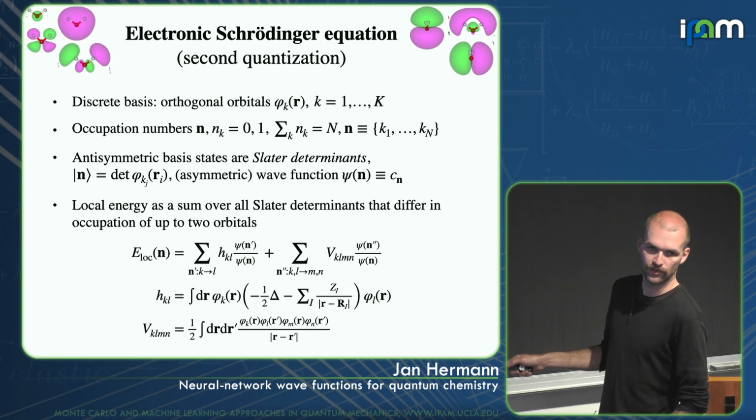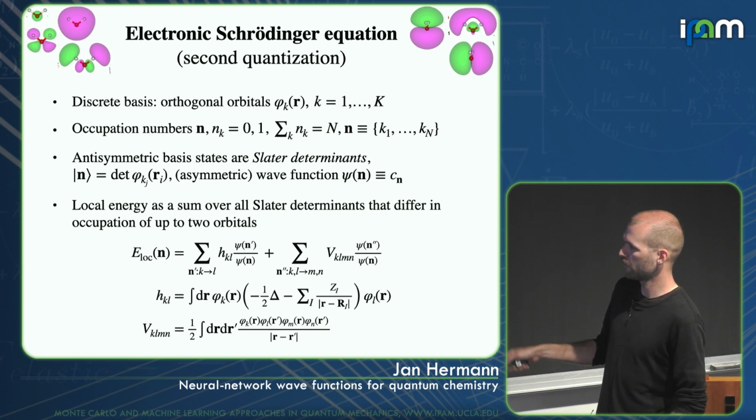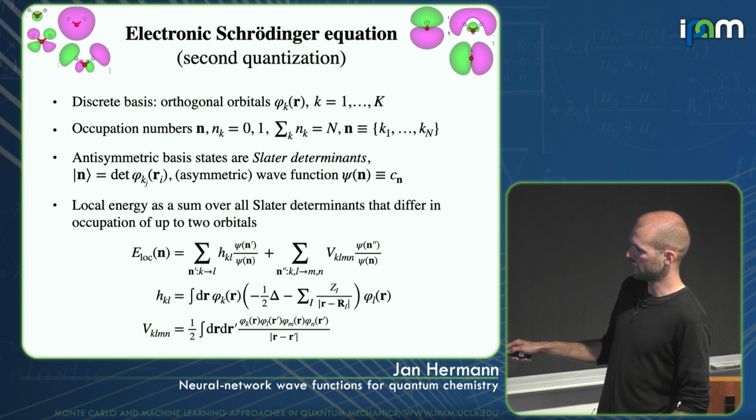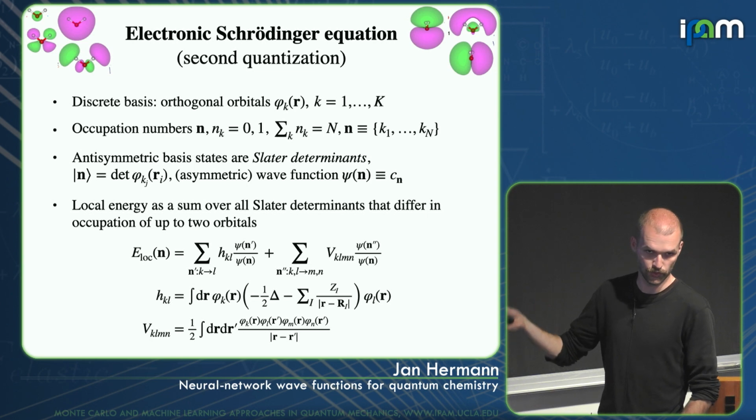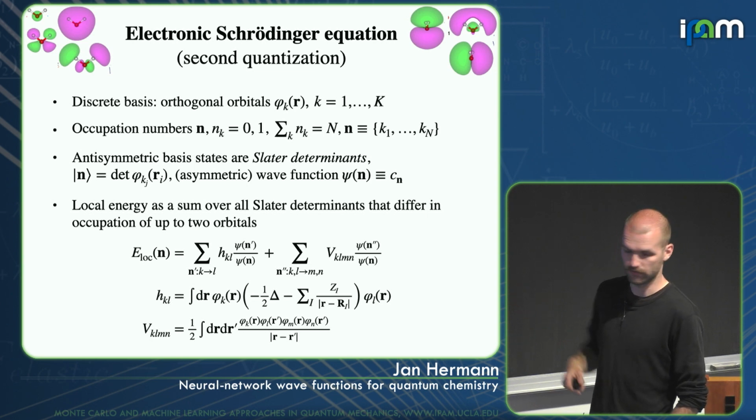What becomes a bit more tricky is the local energy, right? It turns out that if you go through all the math, you just need to sum, for a given occupation pattern, these expressions over all the Slater determinants that differ from the reference by up to two exchanges of electrons, right?